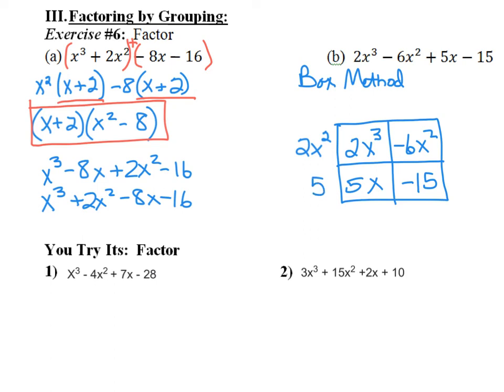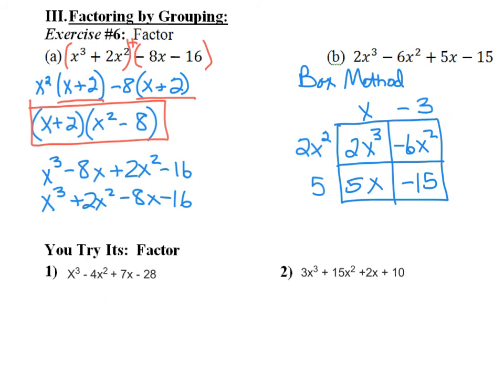Now I need to approach the columns. Looking at the first column, 2x cubed plus 5x, that has an x common to both, and that's all. And then in the second column, common to both would be a negative 3. In this method, whenever the first term in a row or a column is negative, that's always going to mean that I'm going to factor out a negative.